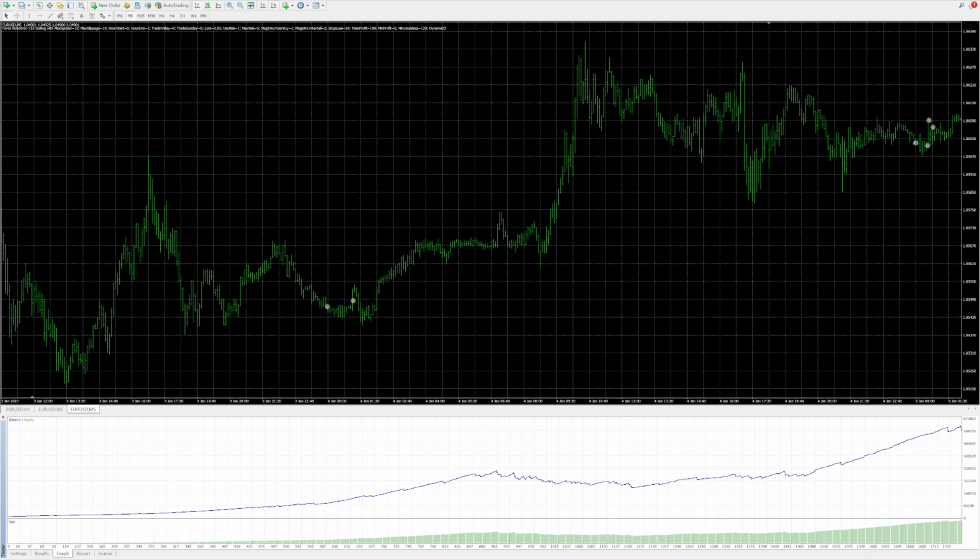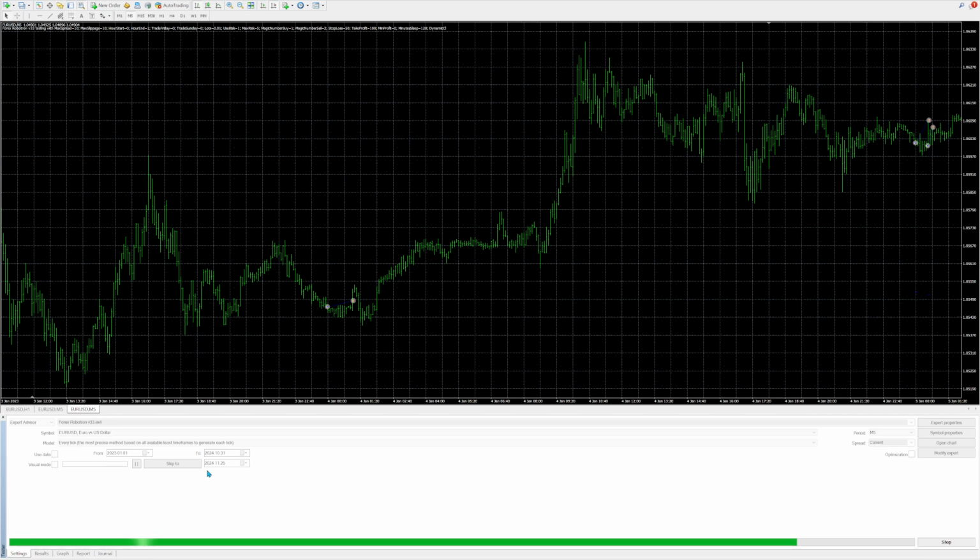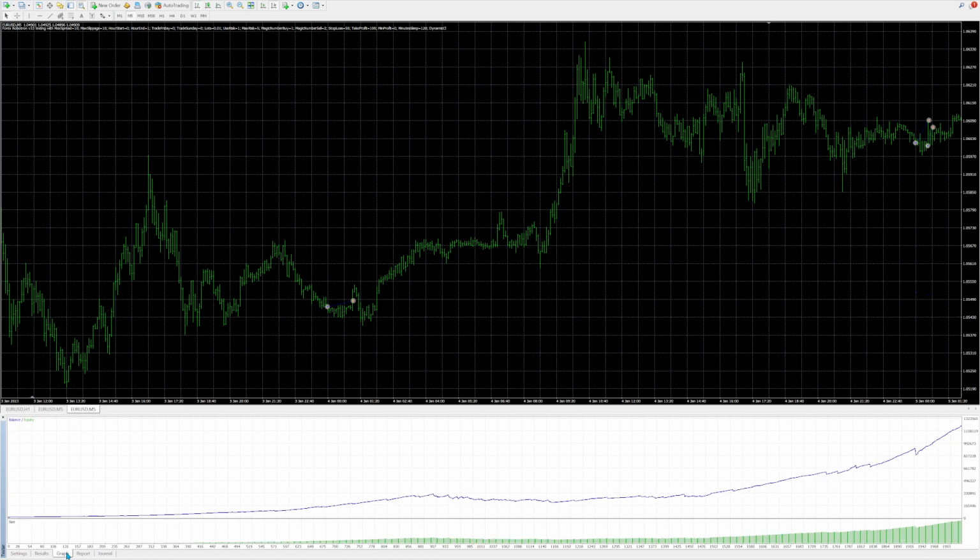Every strategy has up and down phases, of course, and this is all based on back testing. It's not a guarantee of what's going to happen in the future. Nobody can predict the future, but when it comes to expert advisors, back testing is one of the most powerful tools we have, along with verified results, which again you can see by using the link in the description below. Okay, this is just the euro dollar.